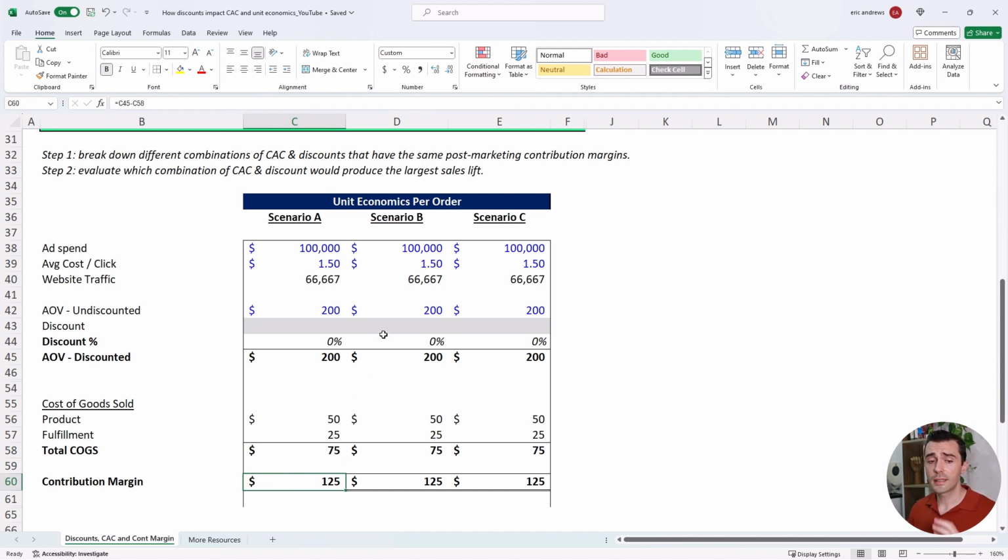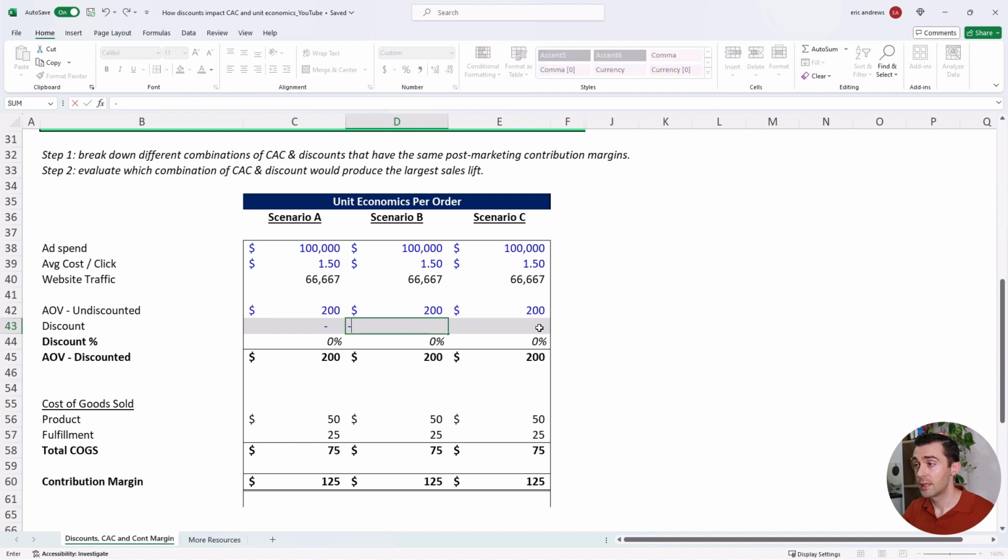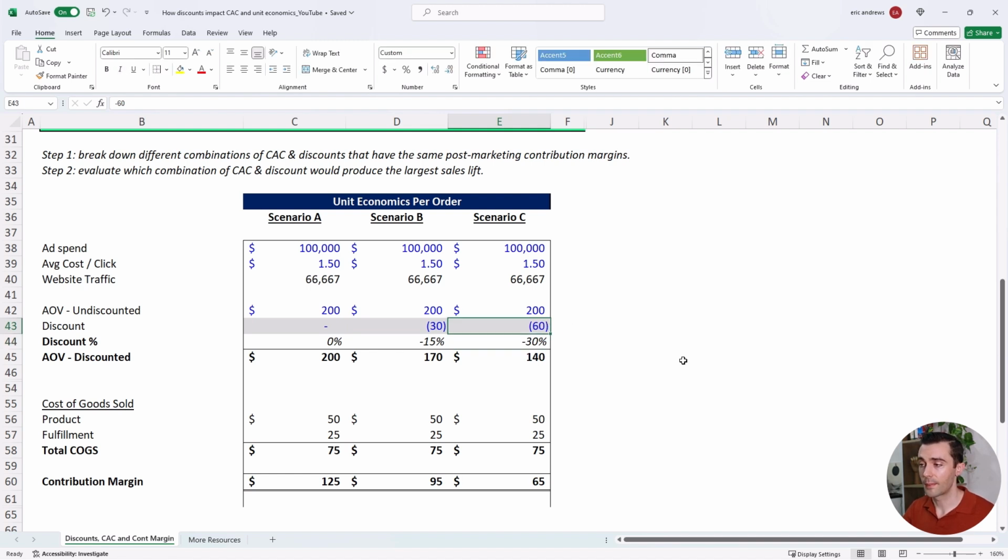So here is the question now. Let's talk about scenarios where we start offering different discounts. Let's say that in scenario A, the discount is 0. In scenario B, we offer a $30 discount. And then in scenario C, we offer a $60 discount. So what you can see here is that reduces our discounted AOV, so our net average order value.